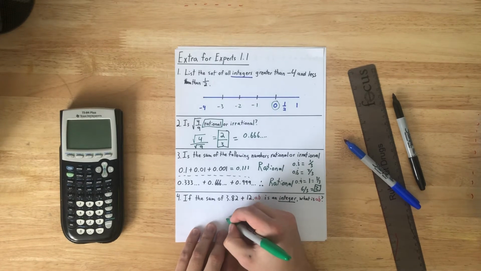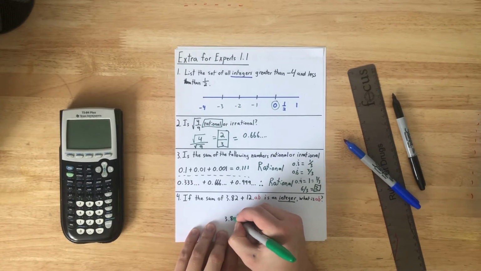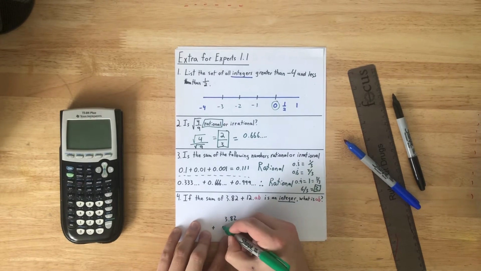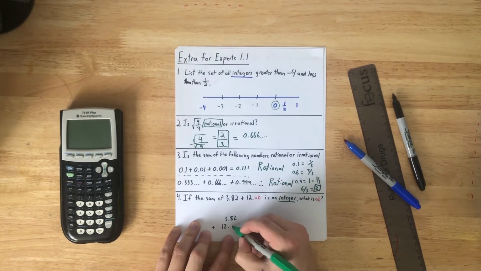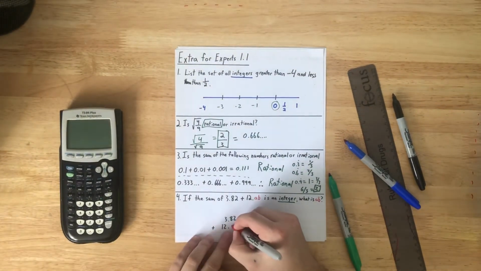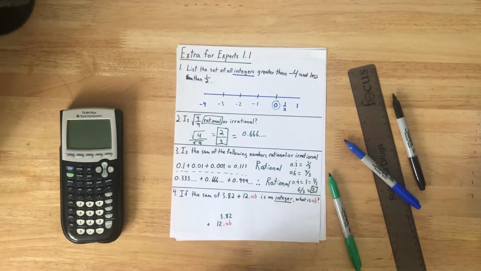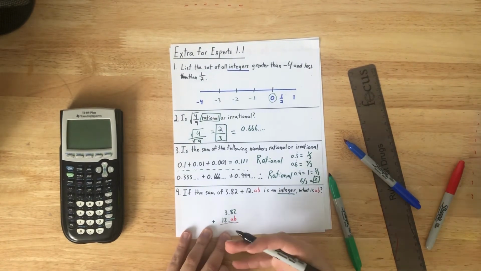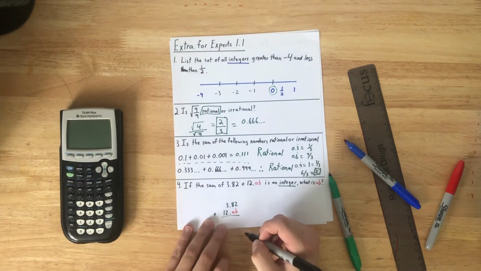So if we have 3.82 plus 12.AB, we're looking for the answer to be an entire number. Let's break this down a little bit.